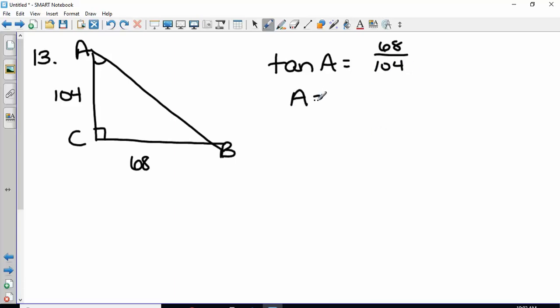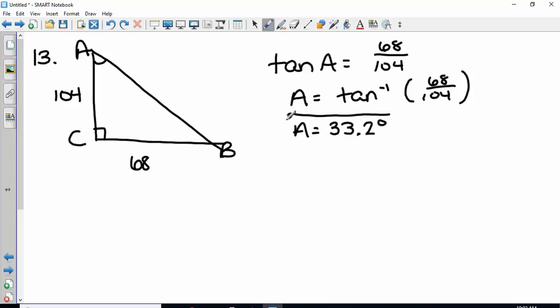So anytime you want to find an angle, that's when you do the inverse. So second tangent, 68 over 104. If I give 3 significant digits, it's 0.1785, so 33.2 degrees.